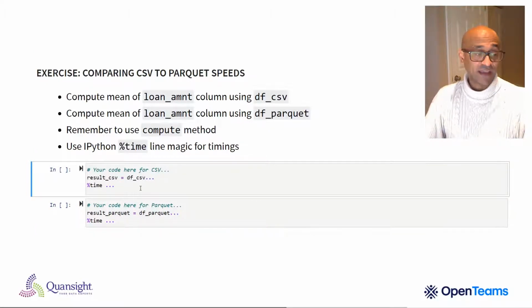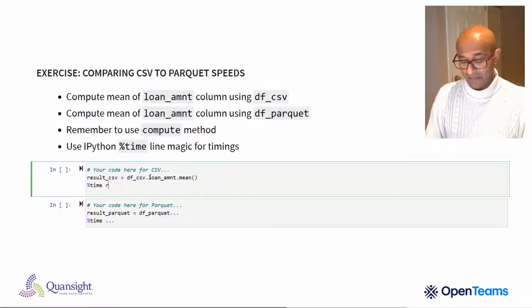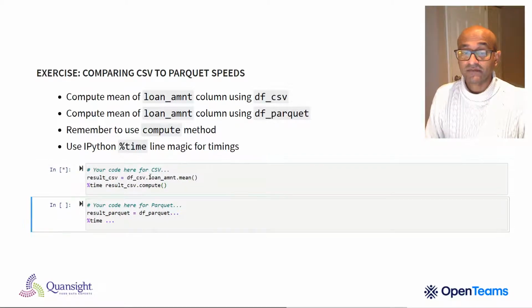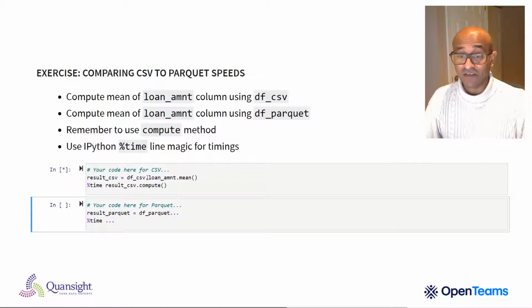So this means we can basically do the same computation we did before, right? We can extract the loan amount column, compute its mean, and then call the compute method and see how long that takes.